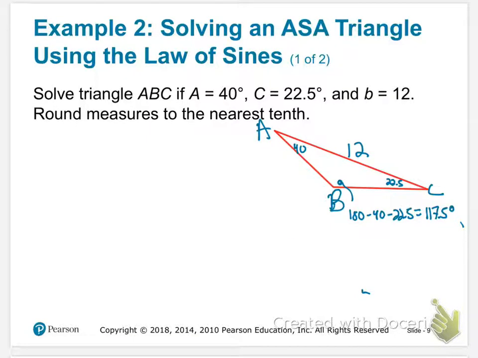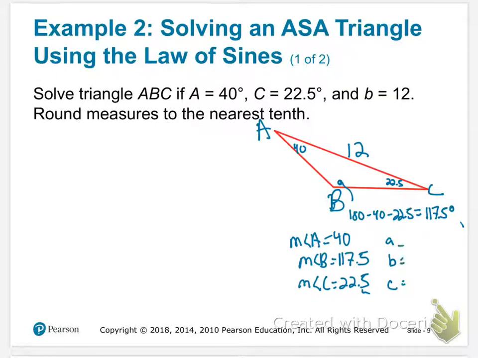So I'm going to start down here: the measure of angle A, 40, measure of angle B, 117.5, measure of angle C, 22.5, and then sides A, B, C, and B's the only one we know, 12.